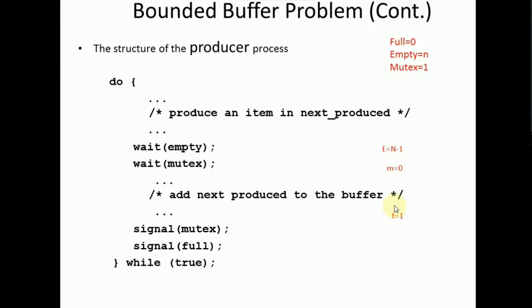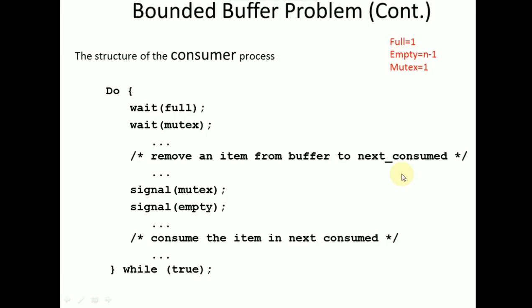Now let us see what is happening in the consumer process. This will be the input to the consumer process. In the consumer process, you can see there was one item that was added, so now full is 1.